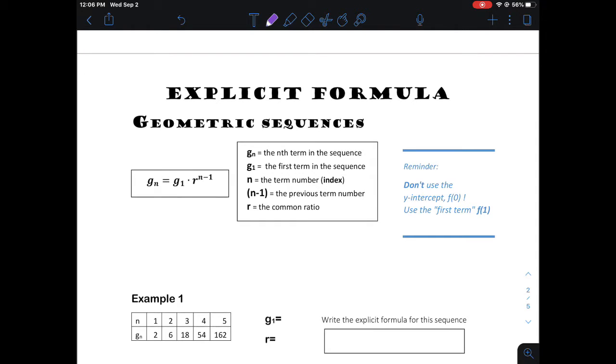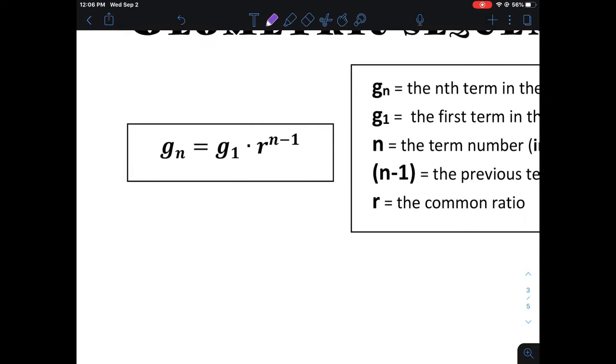And for geometric, the formula is very similar. A couple of differences, though, to note. So we have G sub n, which is the nth term in the sequence. G sub 1, first term in the sequence. R is the common ratio because we're using geometric.